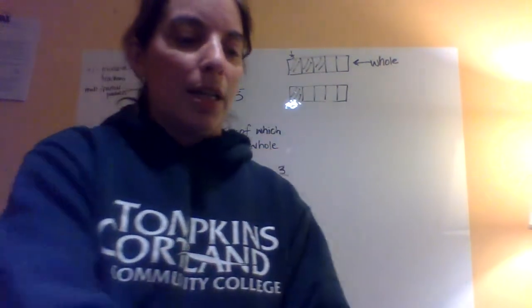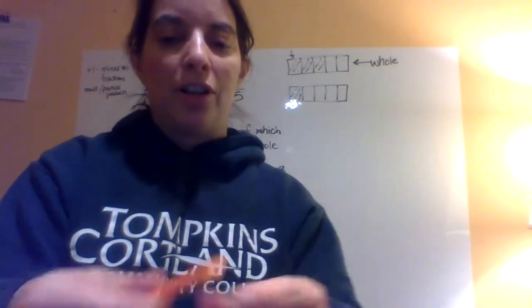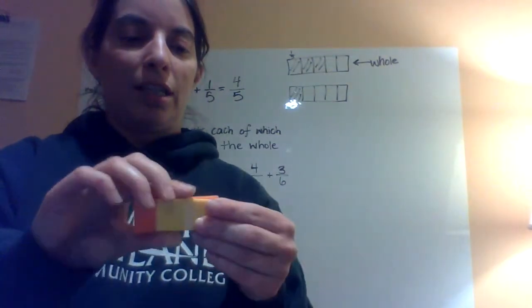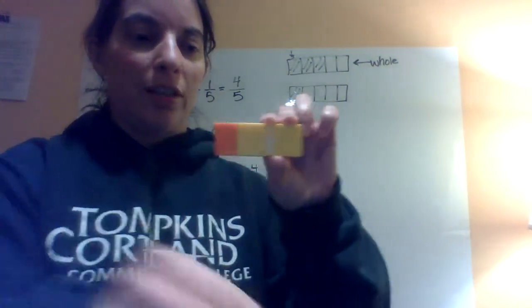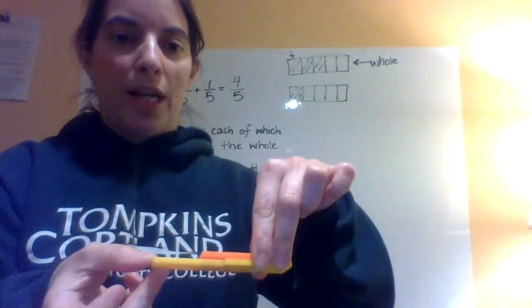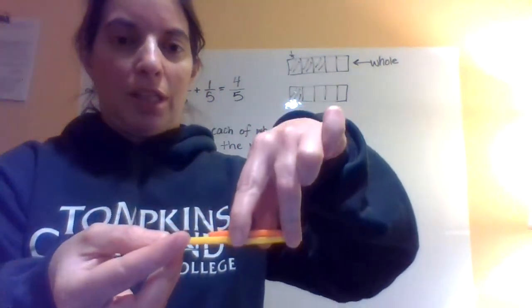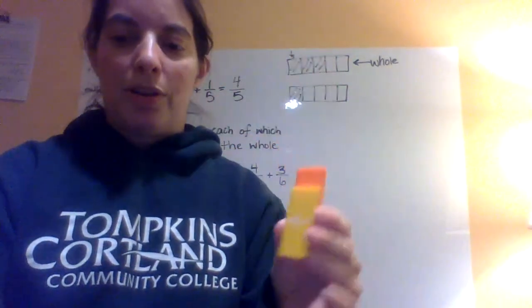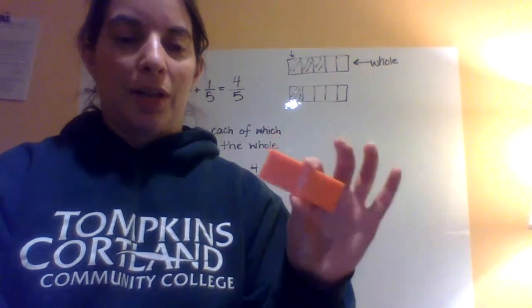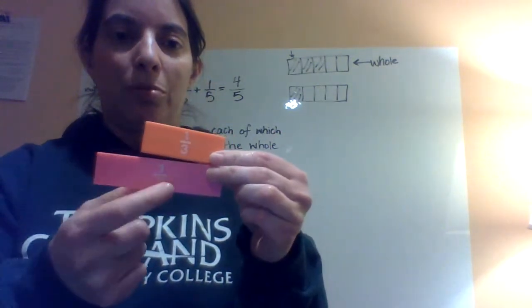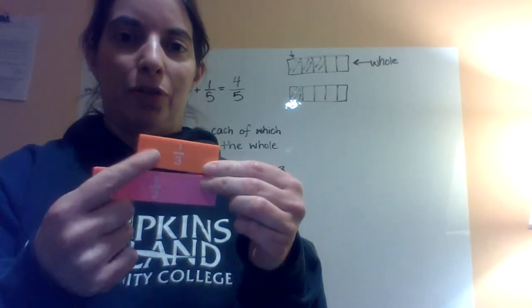However, when I go to my thirds, it does not exactly cover it. 1/4 is a little bit too small, and 2/4 is way too big. You can see that the orange ends about here. So I can't cut 1/3 into fourths. That's because 4 is not a common multiple of these two. 4 is a multiple of 2, but 4 is not a multiple of 3.